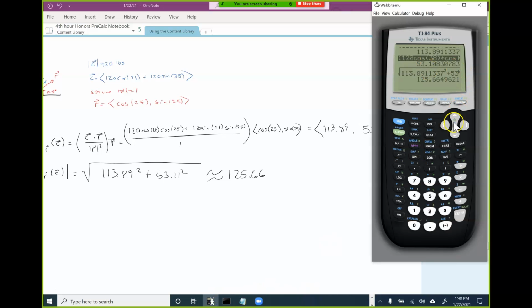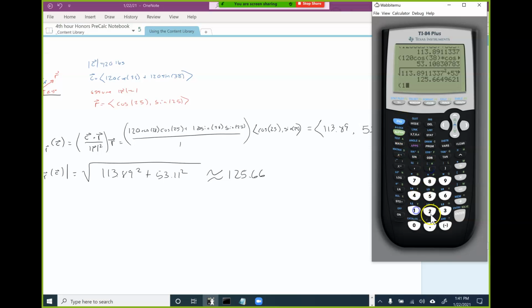Just think about it from a practical standpoint. We're pulling with a force of 120 pounds, and somehow that's directing more than the amount of force we're pulling. That kind of violates some fundamental laws of physics, like conservation of energy. So I goofed something up when I typed these into my calculator. I did too much at one time. Let's try this again.